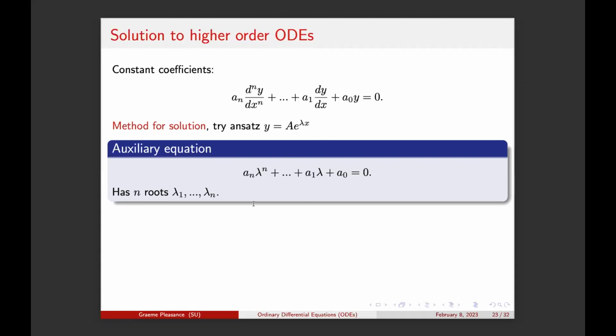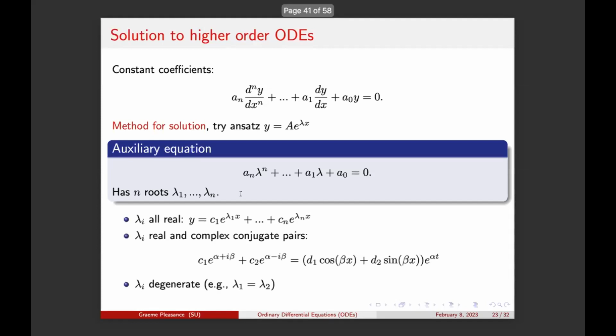As you might already know, any nth order polynomial in general has n solutions or n roots. So that means we can factorize this polynomial into lambda minus lambda 1, multiplied by lambda minus lambda 2, and so on, all the way up to lambda minus lambda n.